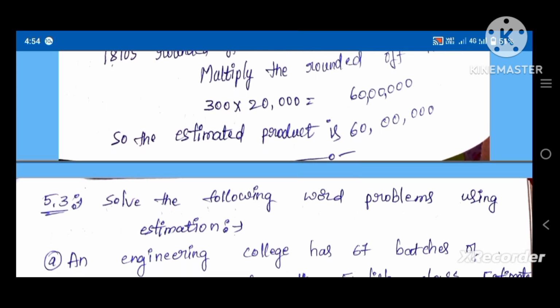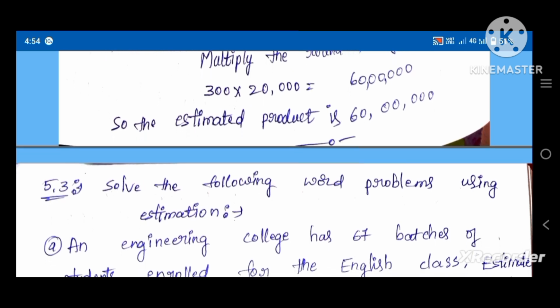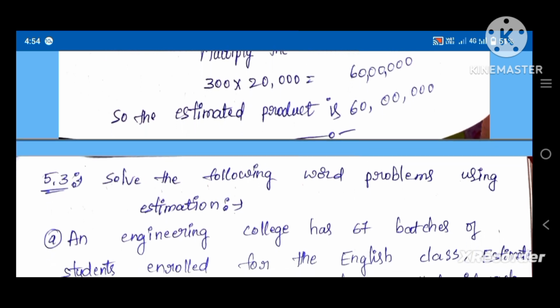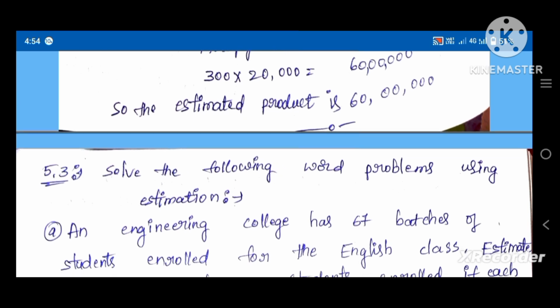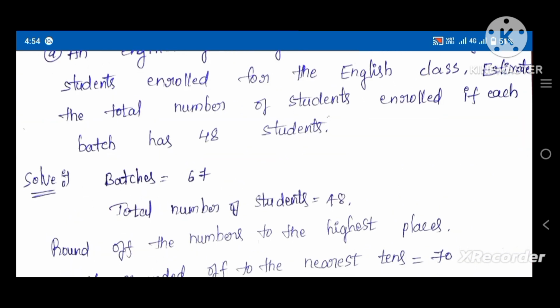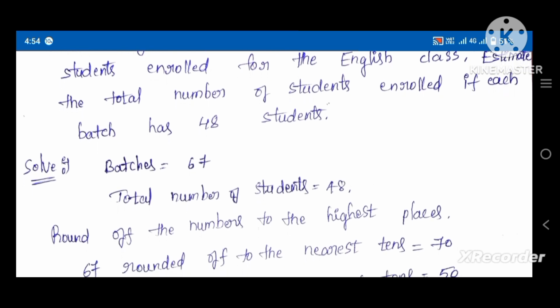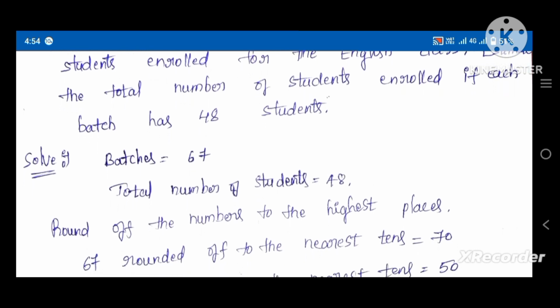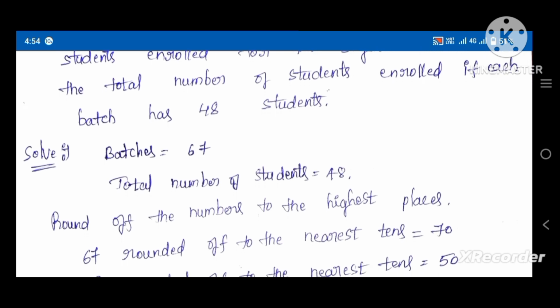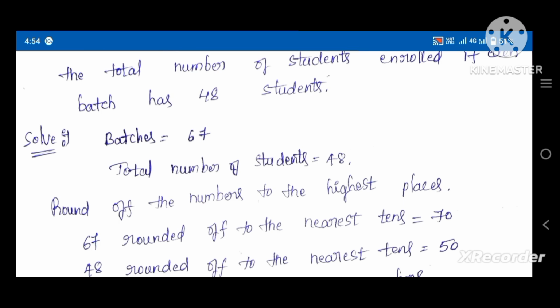5.3 Solve the following word problems using estimation. A. An engineering college has 67 batches of students enrolled for the English class. Estimate the total number of students enrolled if each batch has 48 students. Solve. Batches is equal to 67. Students per batch is equal to 48.